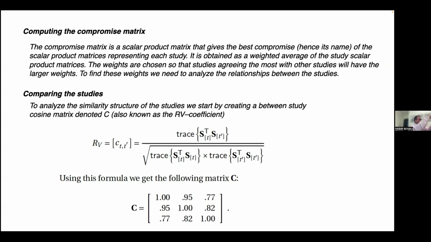I don't want to go more deeply, but we can measure the RV coefficient, which comes from the different covariance matrices that I just calculated for each data table. So the compromise starts by calculating this C matrix, which is a correlation matrix, but the matrix is in the dimension of the experts, the different covariances. Make sense for everyone?